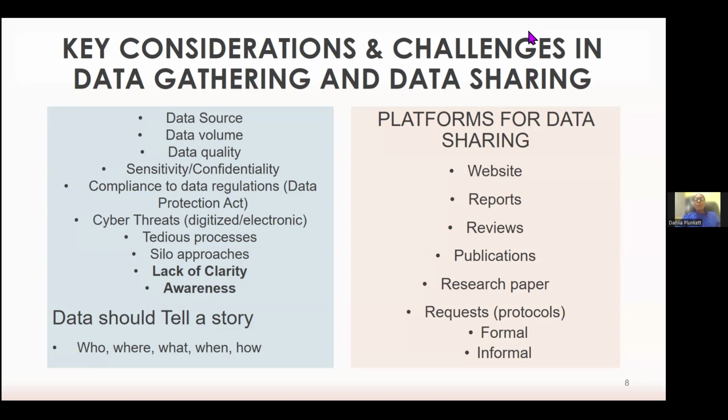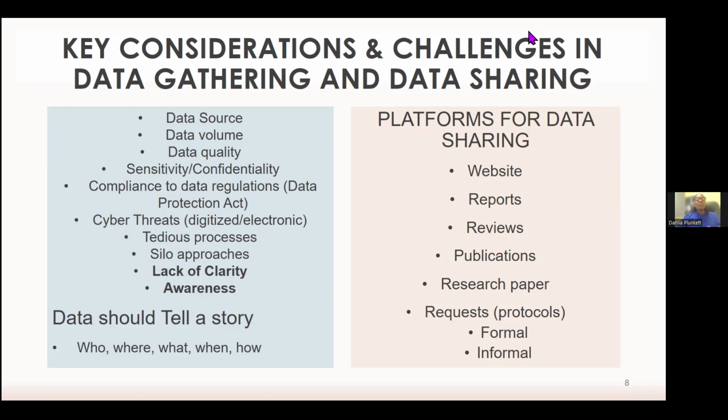But in the event that it cannot be found there, for most places, agencies or ministries, there would be some kind of protocol for requesting that data. It may be formal or it may be informal, but being aware of what that is allows at least some form of ease as it relates to accessing that data.